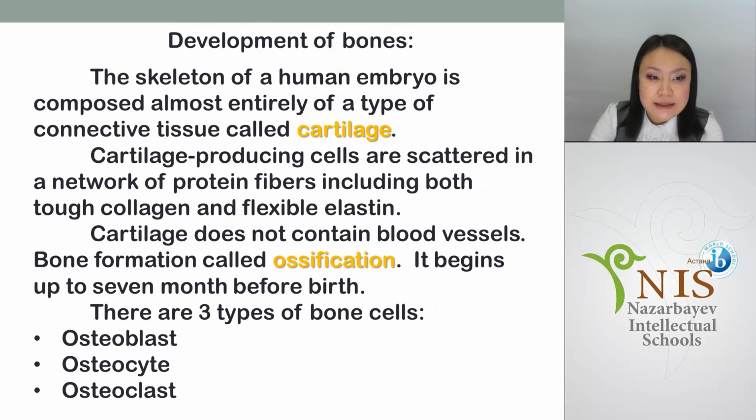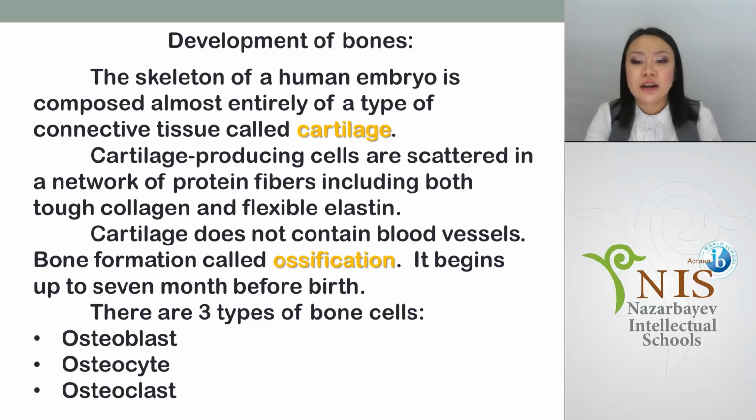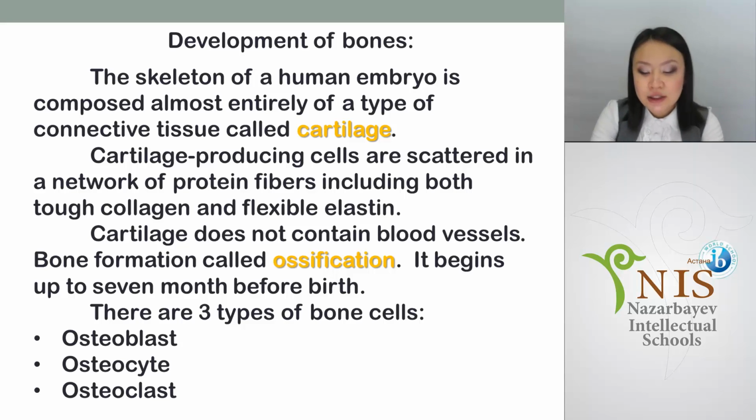Development of bones. The skeleton of a human embryo is composed almost entirely of a type of connective tissue called cartilage. If you look at a human embryo, it mostly consists of cartilage.